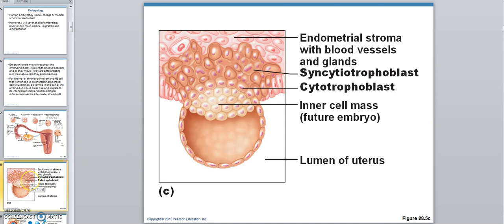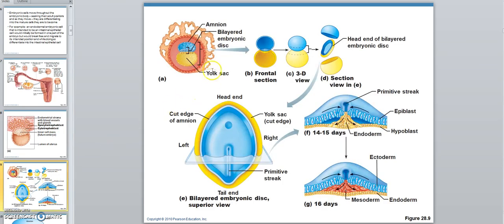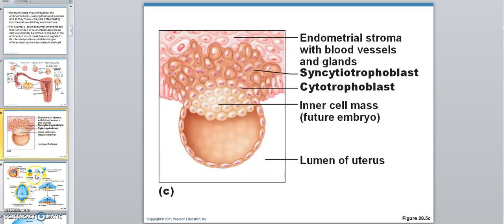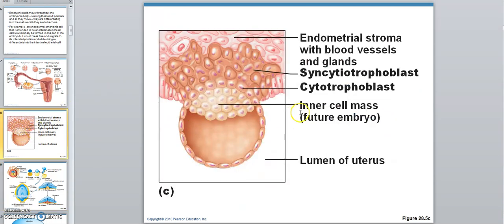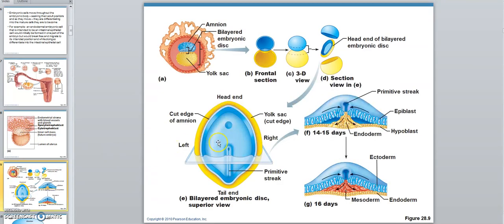So see, cells are moving. Now what's going to happen here, you can't see, the cells are going to migrate within the inner cell mass. This migration is going to form layers, germ layers.